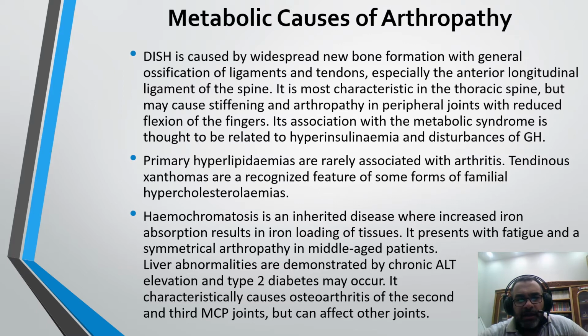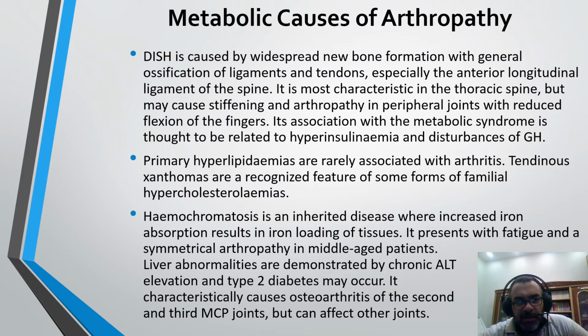It is most characteristic in the thoracic spine, but may also cause stiffness and arthropathy in the peripheral joints with reduced flexion of the fingers. Its association with the metabolic syndrome is thought to be related to hyperinsulinemia and disturbance of growth hormone.